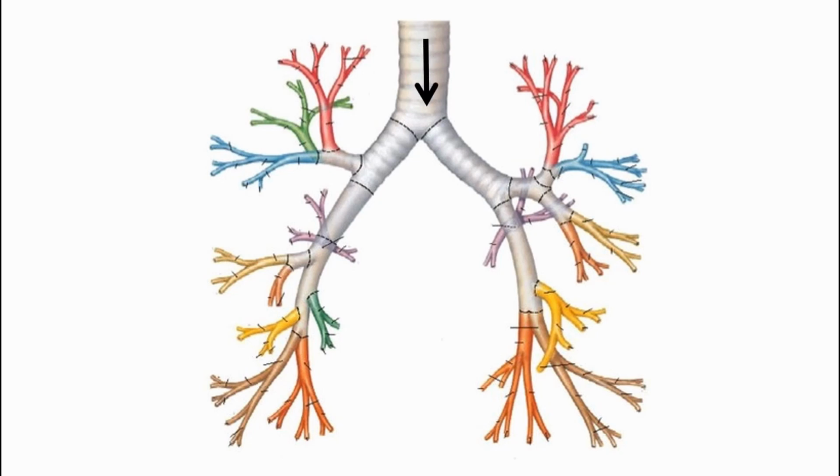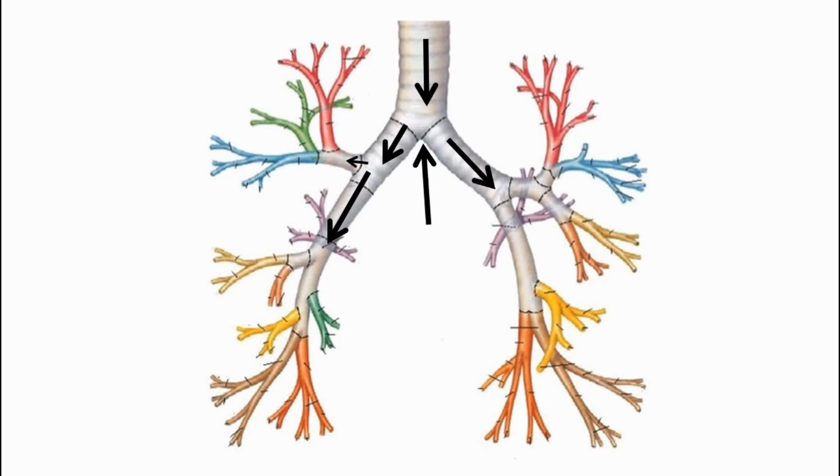This is the trachea, a central single windpipe, and the point of bifurcation is the carina, and here is the right primary bronchus, and here is the longer left primary bronchus.